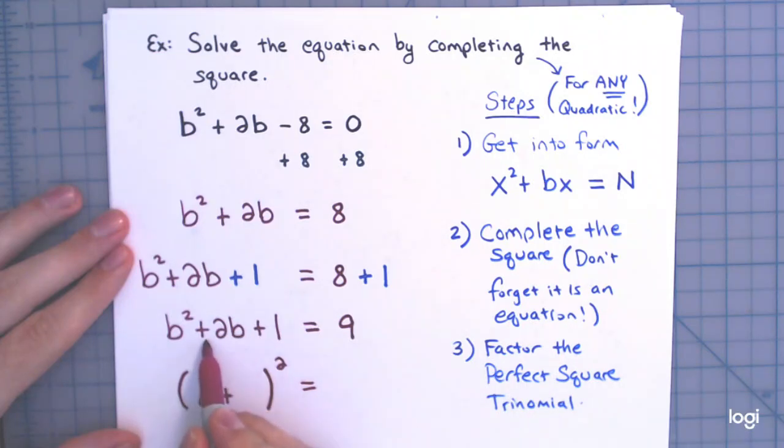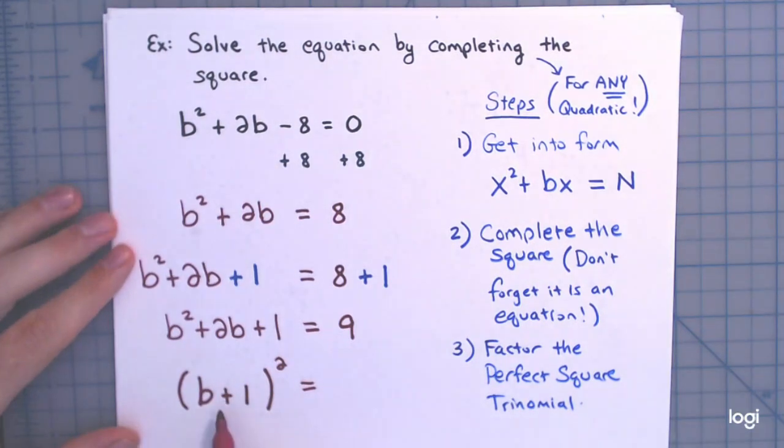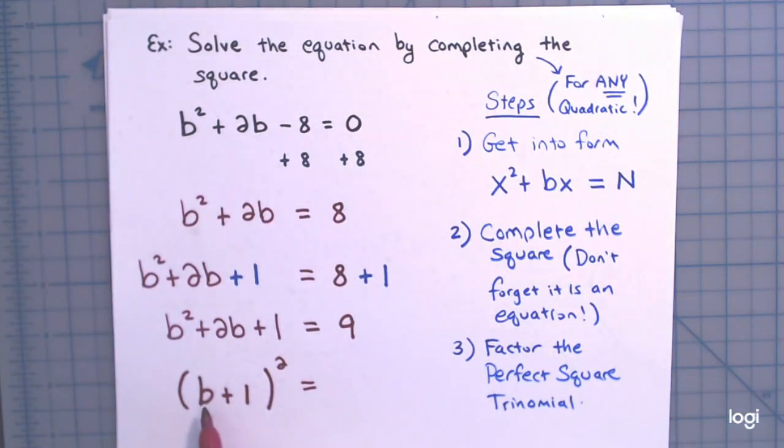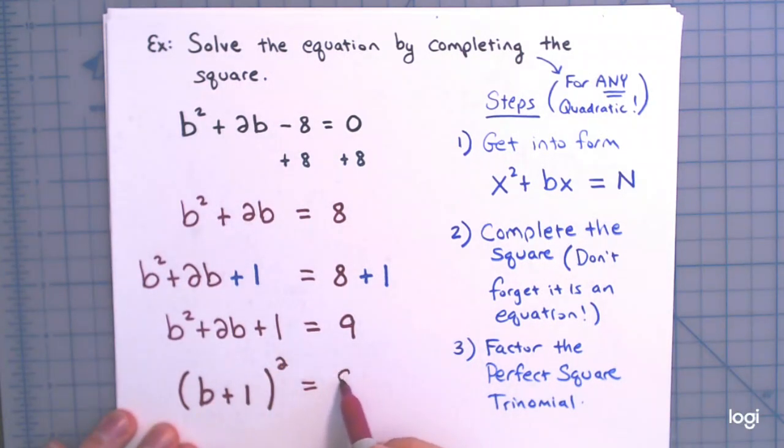That's positive 2. Half of positive 2 is positive 1. And you can double check this. Take b plus 1 and multiply it by b plus 1 again, and do all the distributing and foiling, combining like terms. You're going to get b squared plus 2b plus 1 back. All right. Then I have on the other side 9.